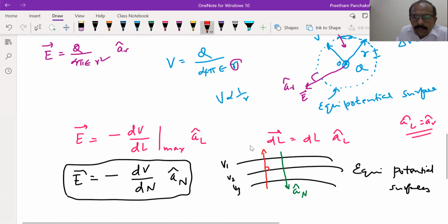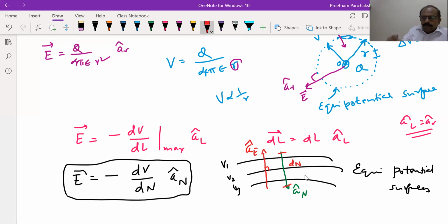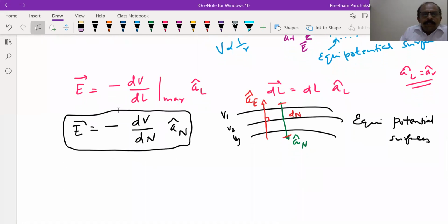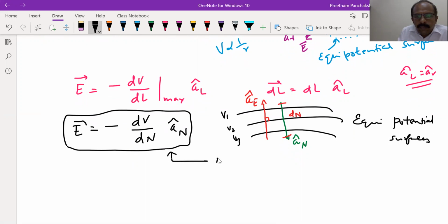Both are perpendicular to equipotential surfaces. dn corresponds to the normal distance, or the distance perpendicular to the equipotential surface. So a cap n is the direction of dn. Let us call this equation 1, and we shall leave it here.